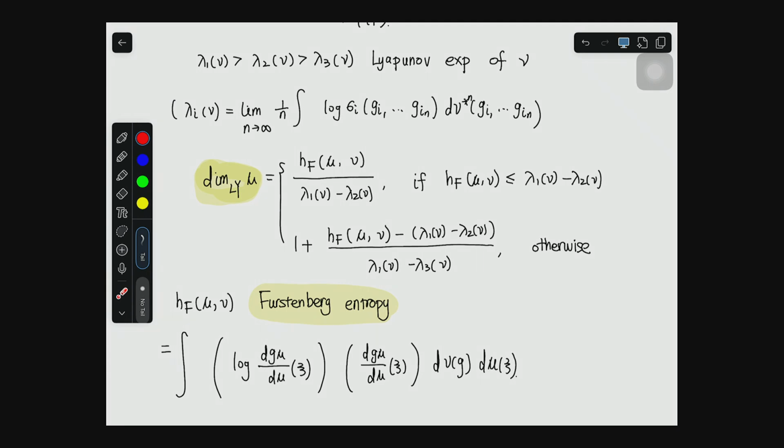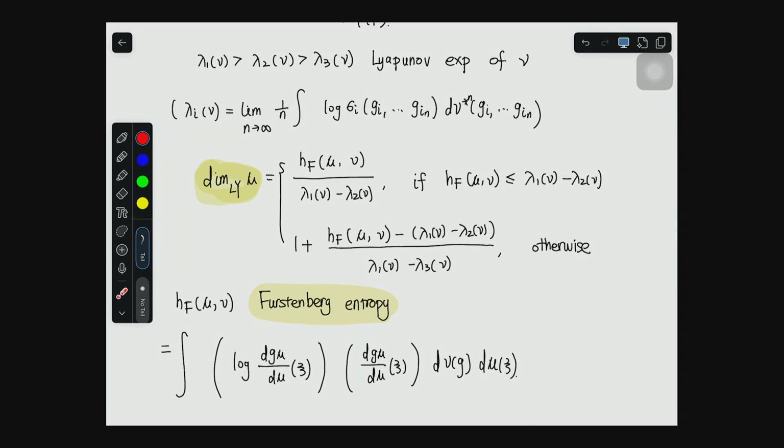Now the Lyapunov dimension of the measure is defined using this formula. If the entropy is less or equal than lambda 1 minus lambda 2, I use the entropy divided by lambda 1 minus lambda 2. Otherwise, I use this formula, 1 plus this quantity. Okay?